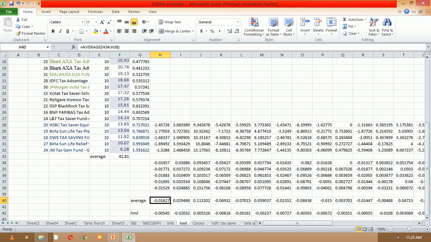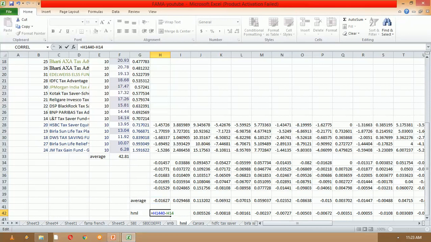So this is the average of low performing value stocks, and this is high minus low. That is, high value stocks are in H40. Sorry, I think this is high minus low.